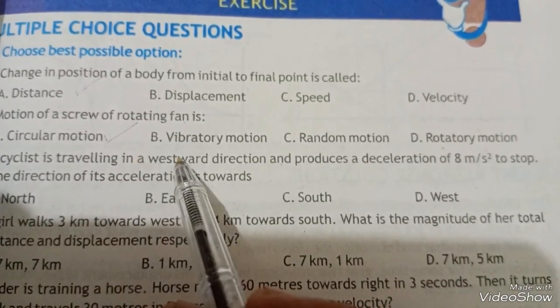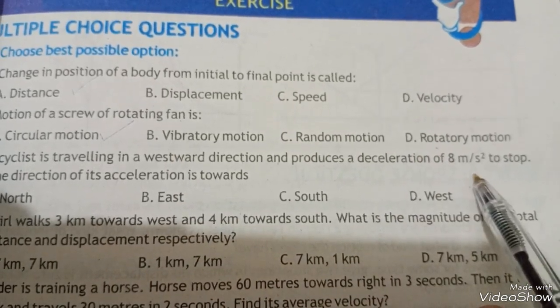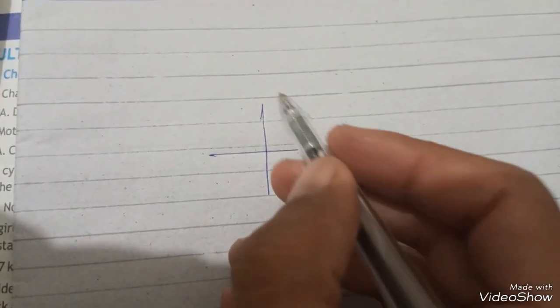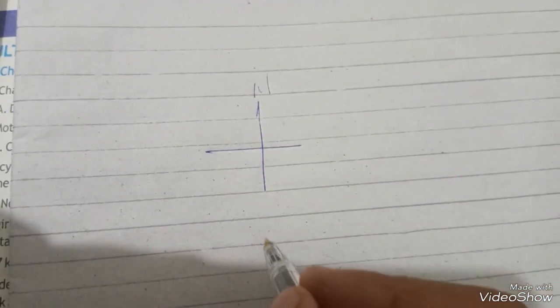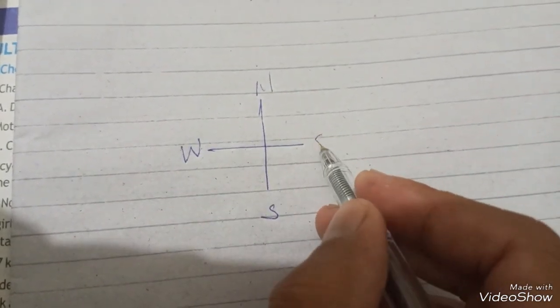If we talk about the directions, this is the north, this is the south, this is the west, and this is the east.